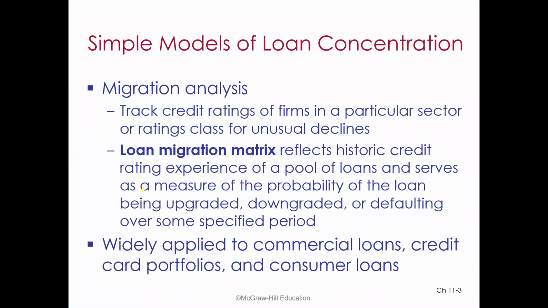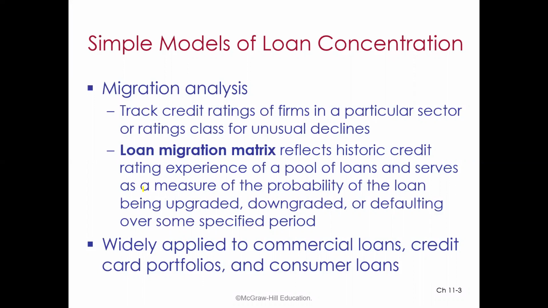So first of all, simple models of loan concentration. Financial institutions widely employ two simple models of measuring credit risk concentration in the loan portfolio, beyond the purely subjective model that we have already lent too much to this borrower. The first is migration analysis.